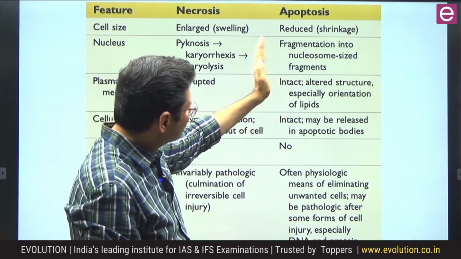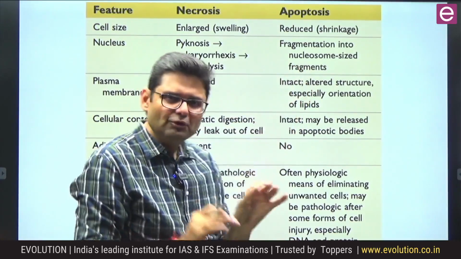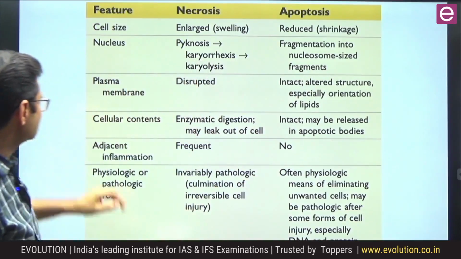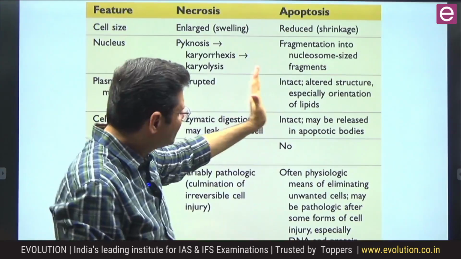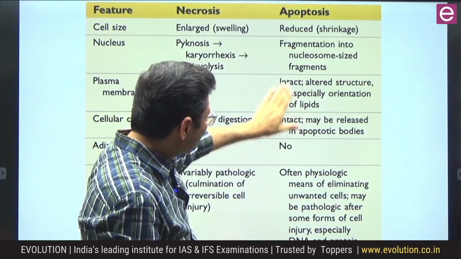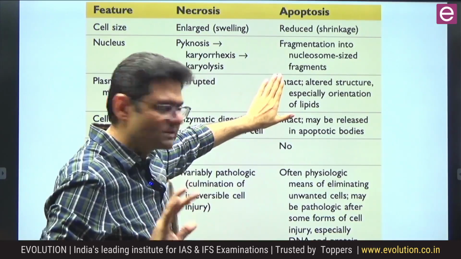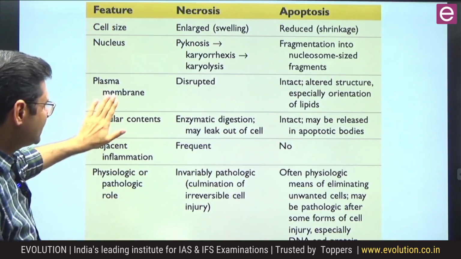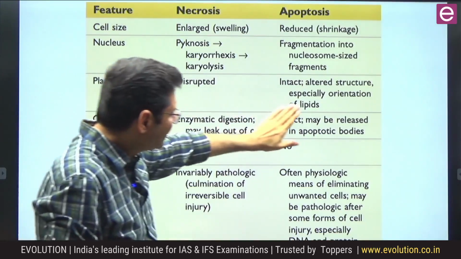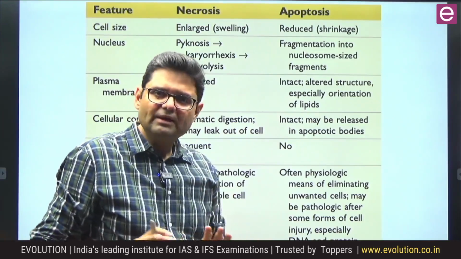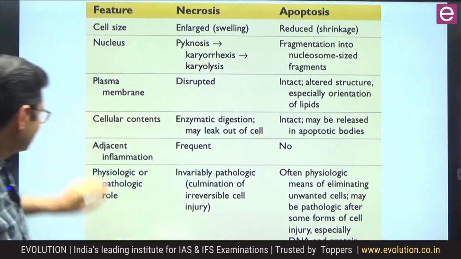But in apoptosis, the DNA is fragmented into nucleosome-size fragments. Plasma membrane in necrosis is disrupted. In apoptosis, the plasma membrane is intact, forming an altered structure, but still intact. Cellular contents in necrosis go through enzymatic digestion and may leak out of the cell. In apoptosis they remain intact and may be released as apoptotic bodies.